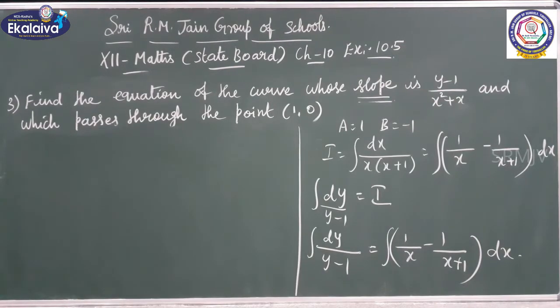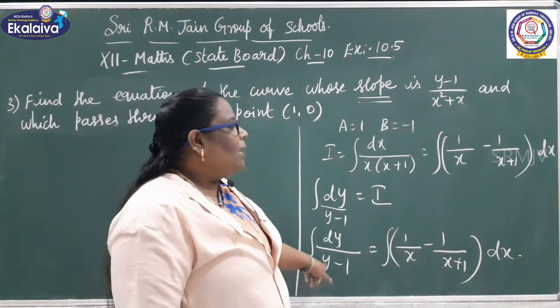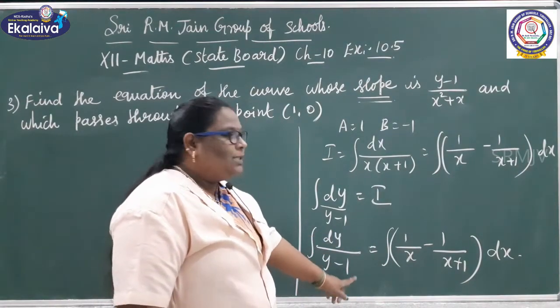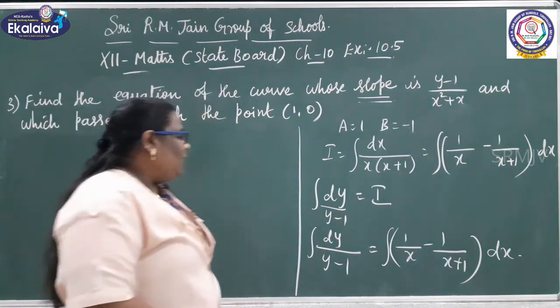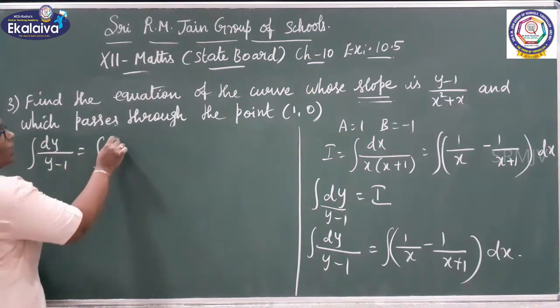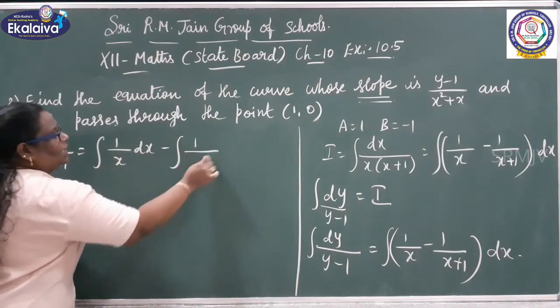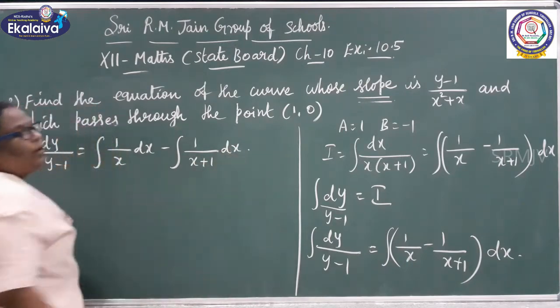See here, integral dy by (y minus 1). What is the differentiation of y? 1. The differentiation of 1 is a constant, so it becomes 0. In the same way, integral dy by (y minus 1) equals integral 1 by x into dx minus integral 1 by (x plus 1) into dx.